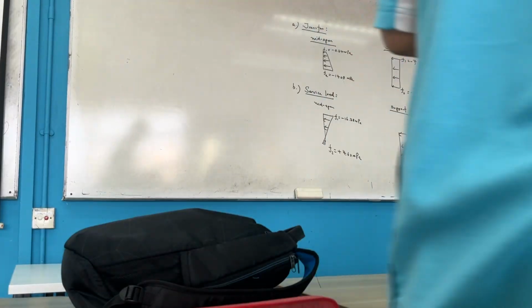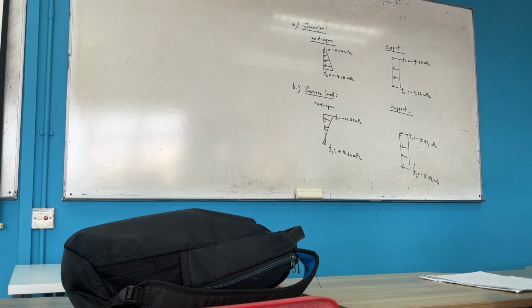For the support, it is minus P over A, right? It is stress divided by area. This is at the transfer, right? Yes. And for the service it will be P effective. Oh, okay, P effective. Understand?